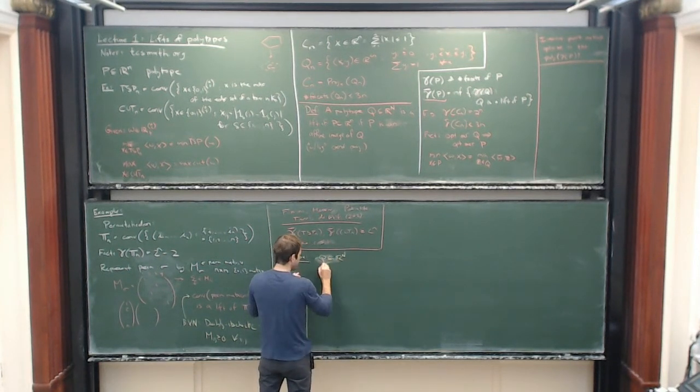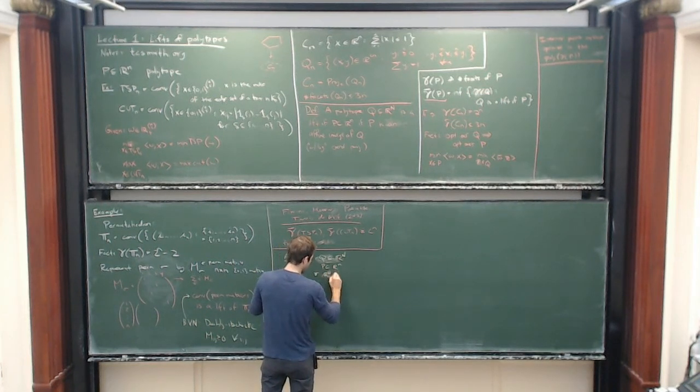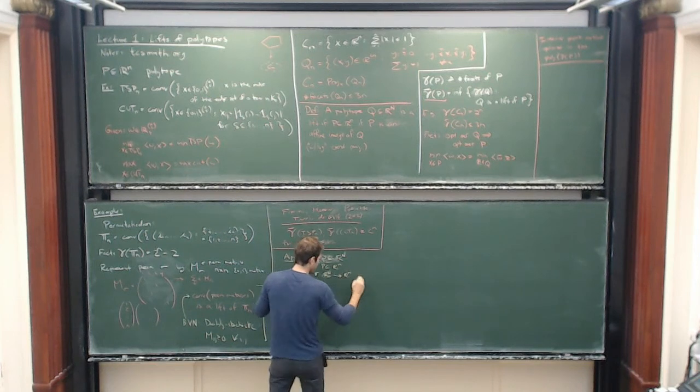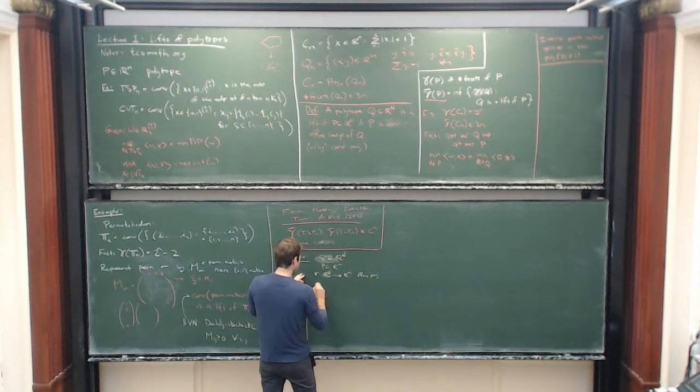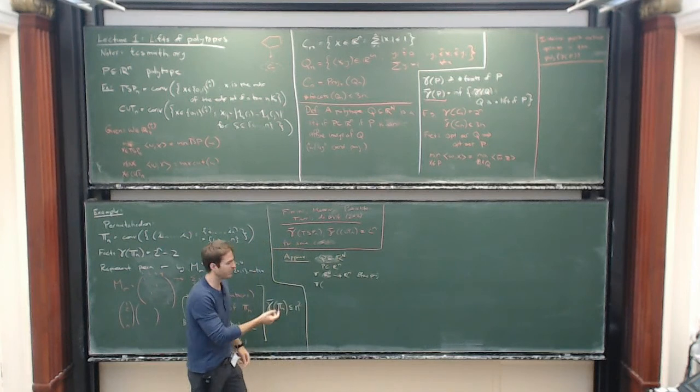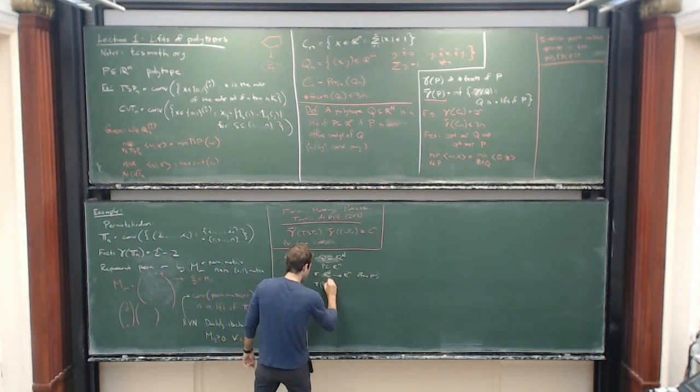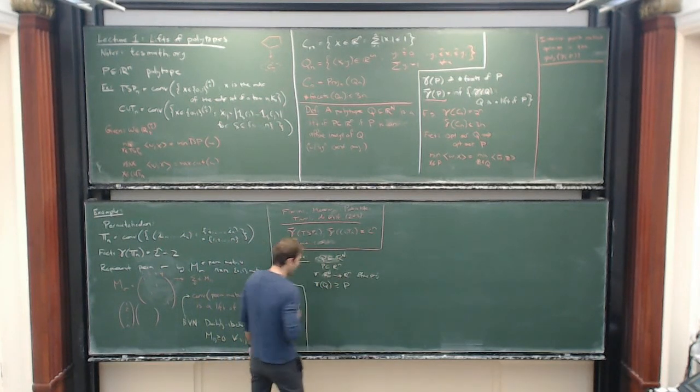Q is in n dimensions, P is in little n dimensions. We have an affine linear projection, and now we don't require that pi of Q is equal to P. We just require that it's a relaxation, so pi of Q contains P.